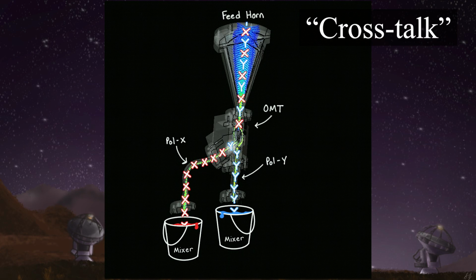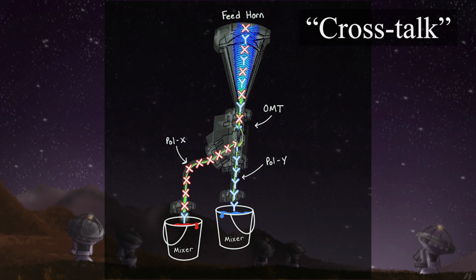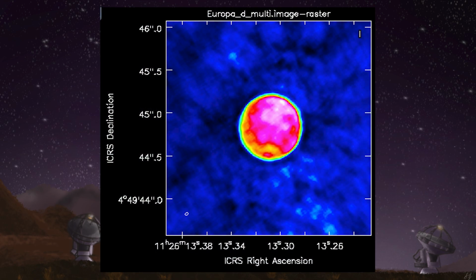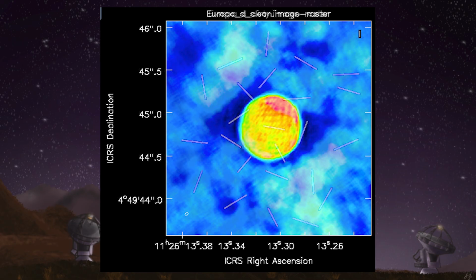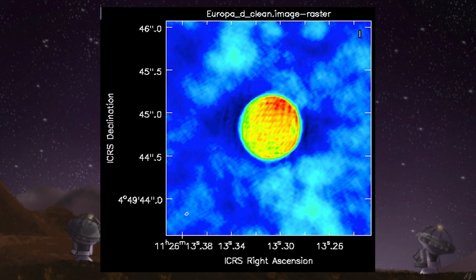The splitting of incoming radiation into two orthogonal components in the ALMA receivers is not perfect, and some of the X polarization signal can leak into the Y channel of the receiver, and vice versa. This contamination produces an instrumental polarization.